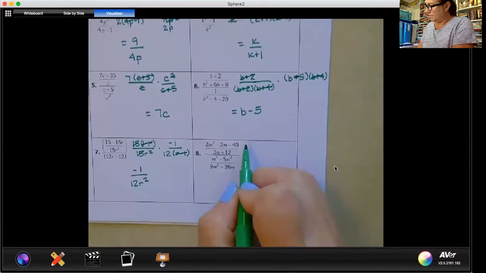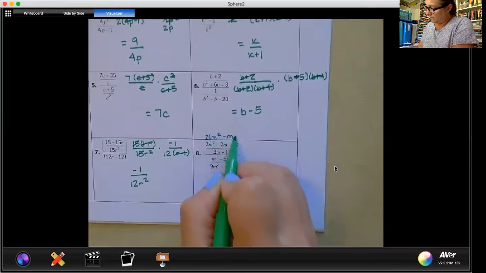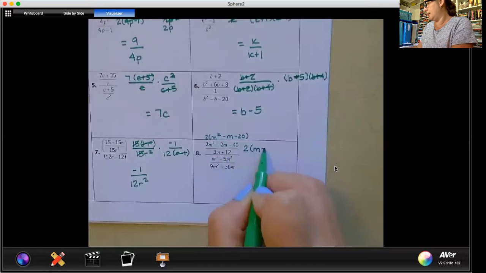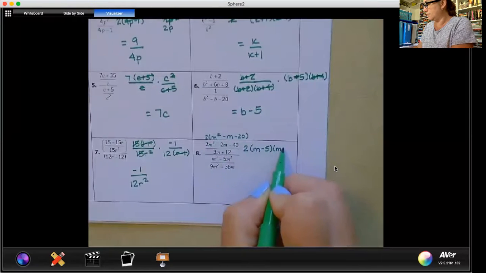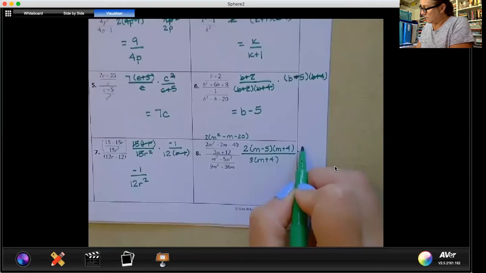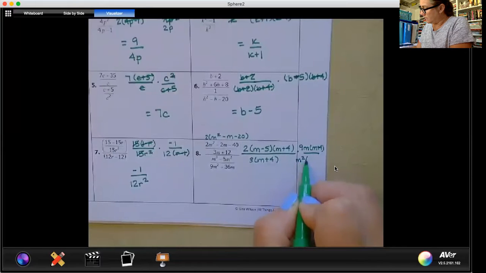Factor out a GCF of 2, and you get m squared minus m minus 20. So that's 2 times m minus 5, m plus 4 over 3 times m plus 4 times 9m times m plus 4 over m squared times m minus 5.